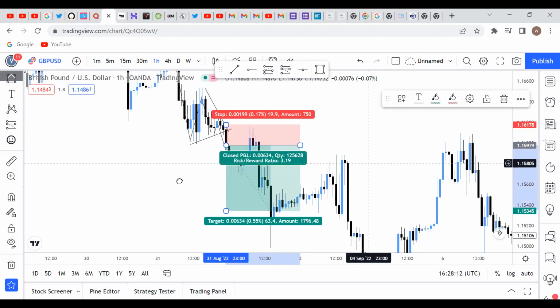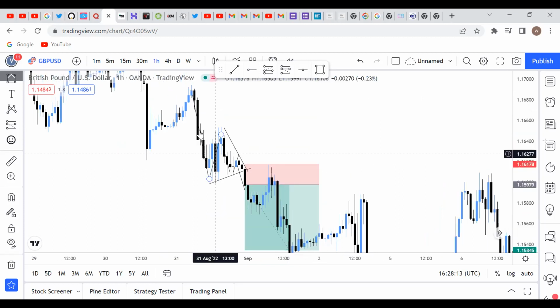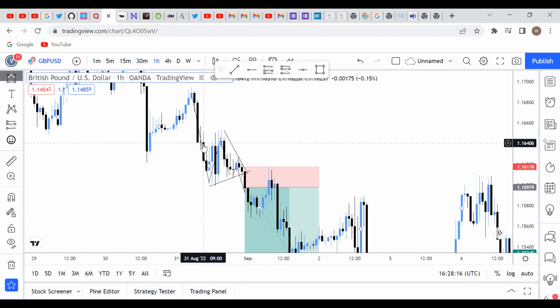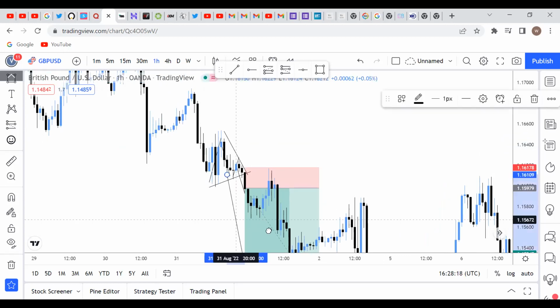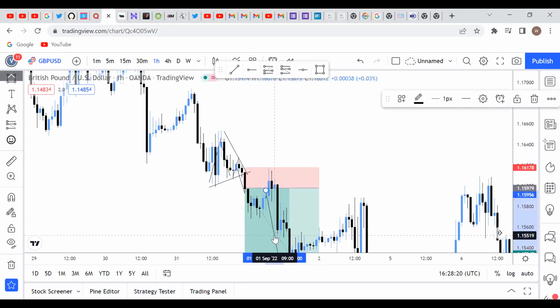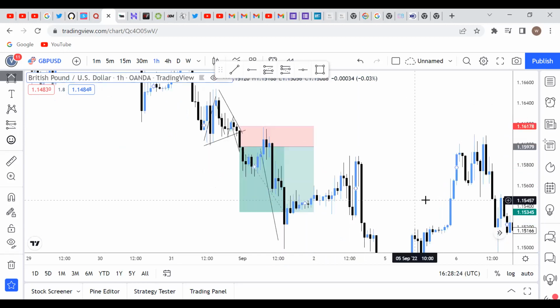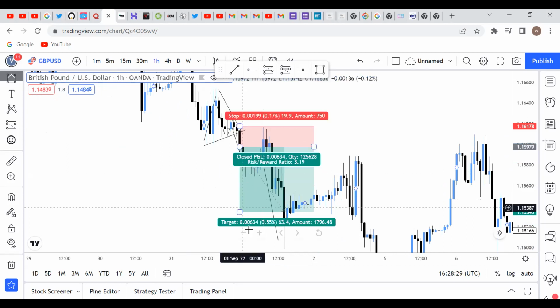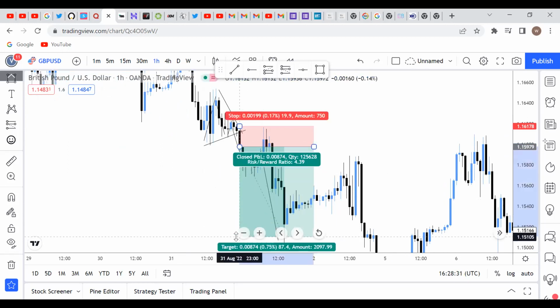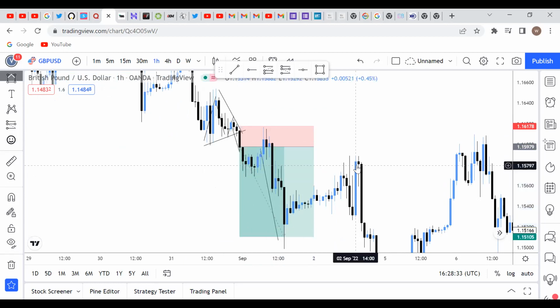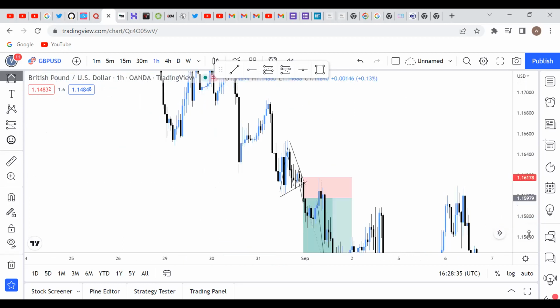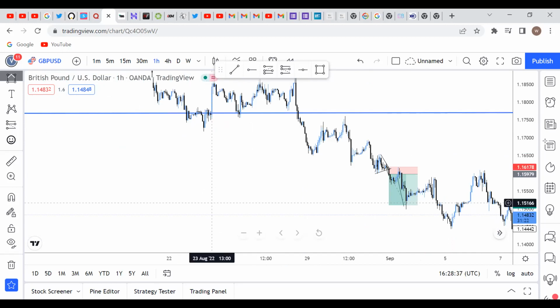Then the distance of the pole, which is this impulse, will come down here. We look at that when we look at what we call wedges and flags. So you can see how it moves slightly, then goes and hits your take profit. Let's look at some other past price action as well with the triangle.